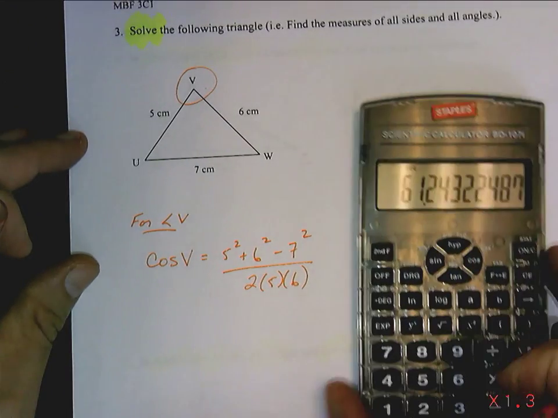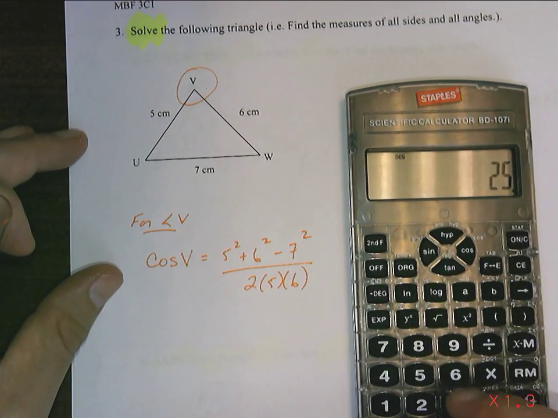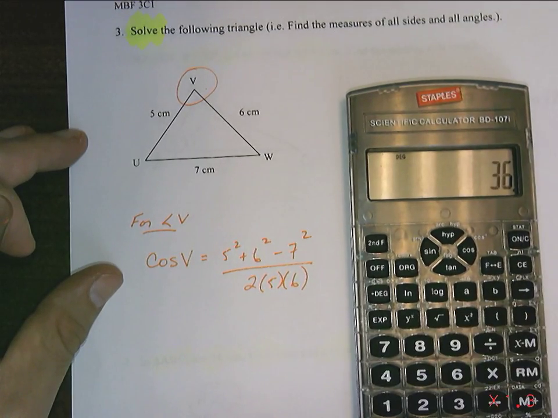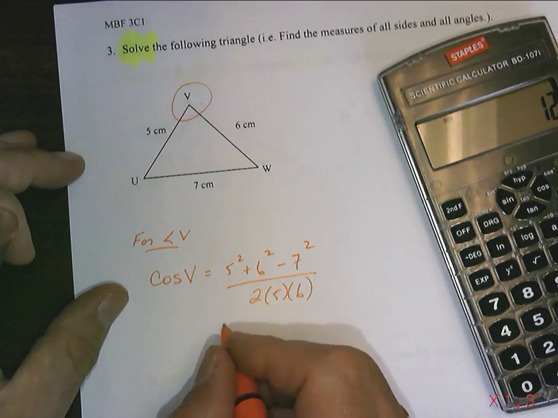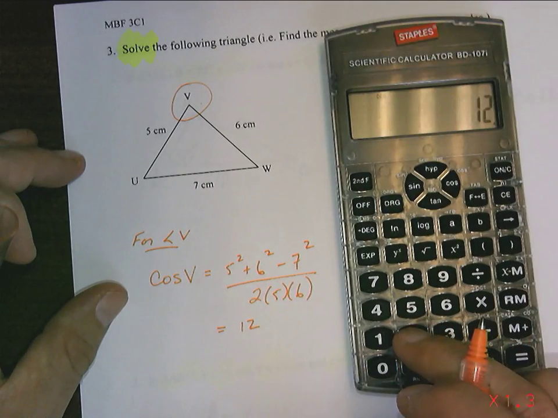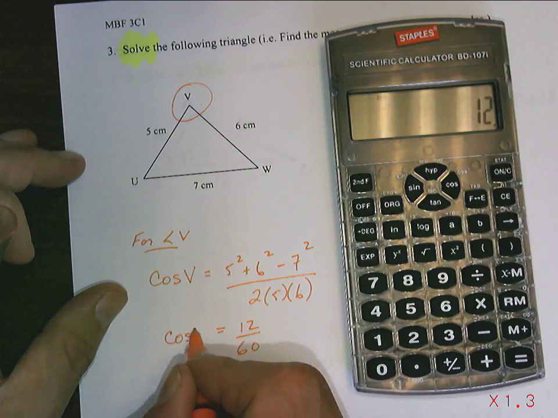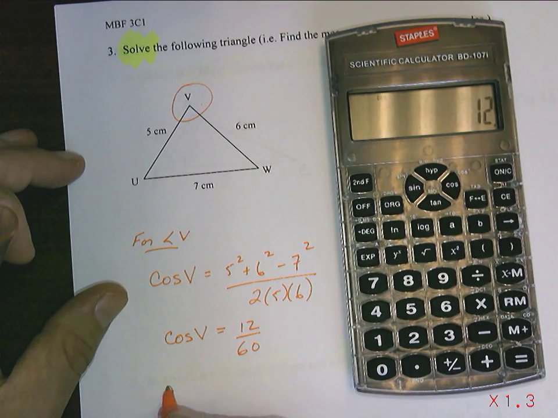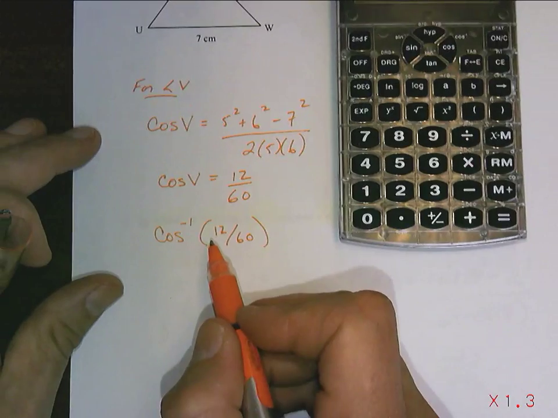So working on that on my calculator, I'm going to do 5 squared plus 6 squared equals, subtract 7 squared equals, I get 12 on top. On the bottom, I'm going to get 60. So what I'm after is the inverse of that decimal. I wrote it like this so I don't have to write out all the decimal places.